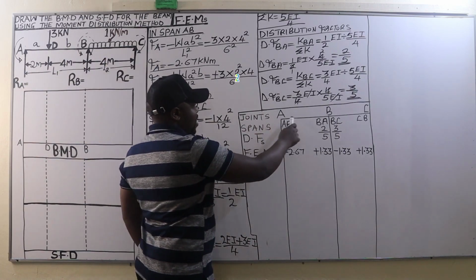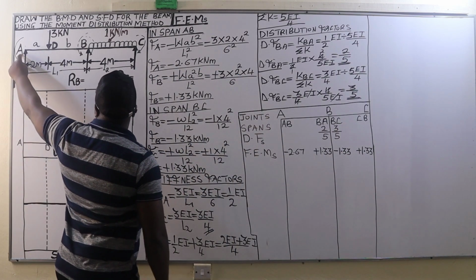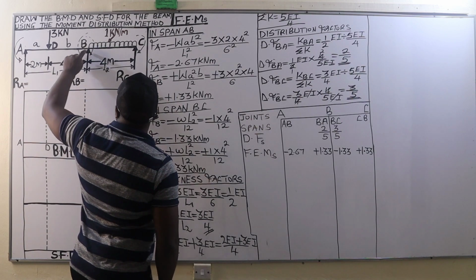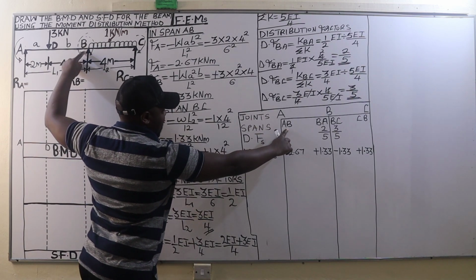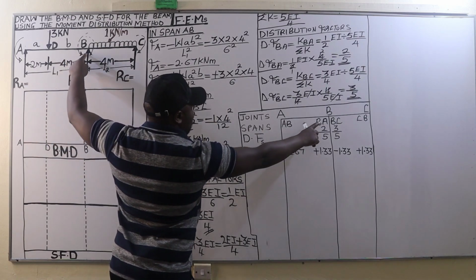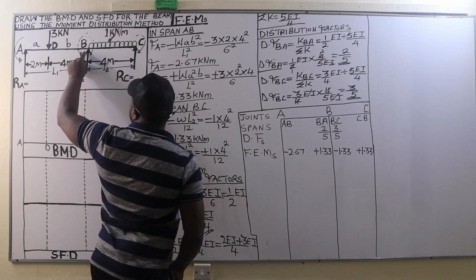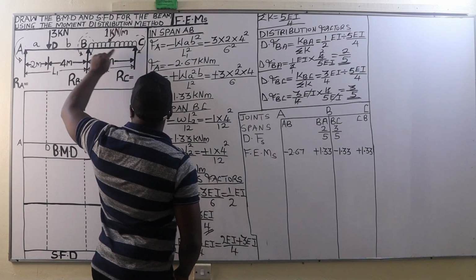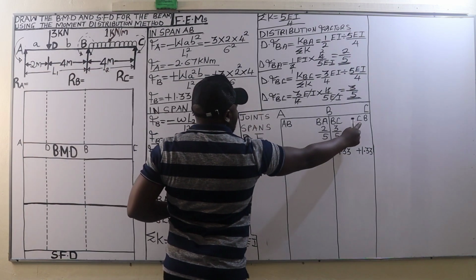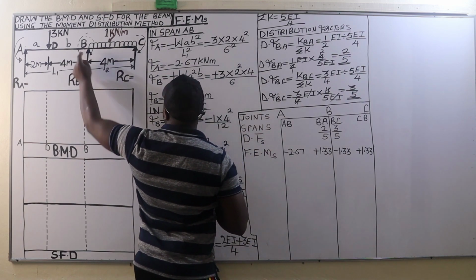On the joint A, we got the member A to B. So those are the spans. We got the span A to B. On the joint B, we got 2 spans: the span BA as well as the span BC. On the joint C, we are going to have the span C to B.